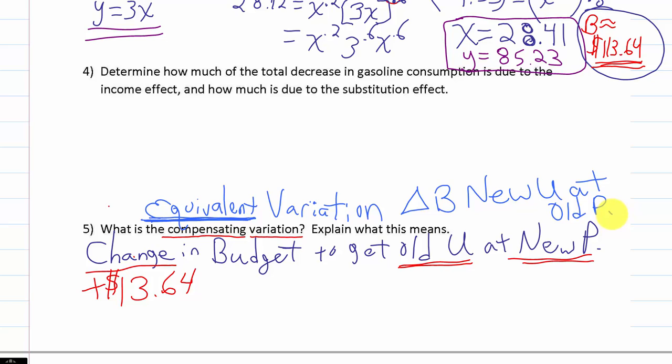A different way of looking at how much money change is this change in prices worth? How much does it hurt you when this price goes up? One way is to ask how much money would it take to compensate you to get you to the old utility level. One way is to ask how much money we could take from you, in this case, to get you to this new lower utility level if we were to keep you at the old prices.